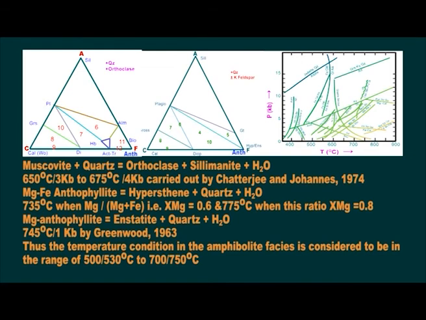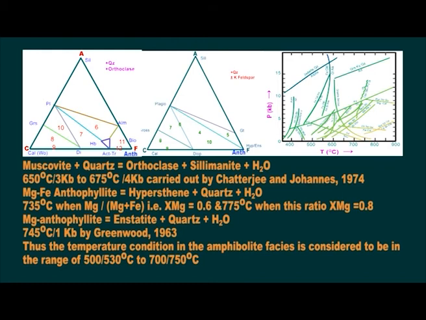Fe-Mg anthophyllite give rise to hypersthene plus quartz plus water, 735 degree centigrade when Mg ratio XMg equal to 0.6, and temperature is 775 degree centigrade when this ratio XMg equal to 0.8. Mg anthophyllite give rise to enstatite plus quartz plus water, 745 degree centigrade 1 kilobar by Greenwood 1963.